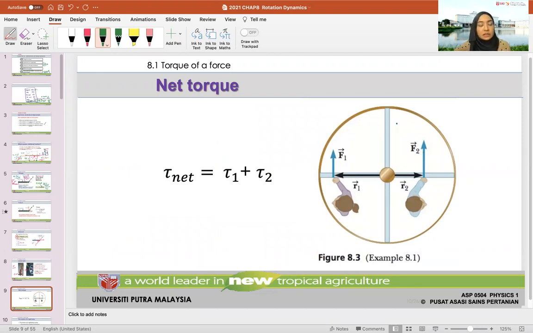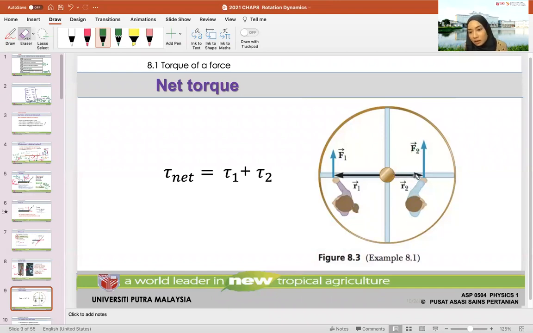I don't know if you guys have seen one, but usually at lobbies of high-rise buildings, they have it. It is a circular rotating door and 4 people can go inside here. And for this example, we have 2 people, right? And these 2 people, they are applying force this way. This woman is applying force this way.